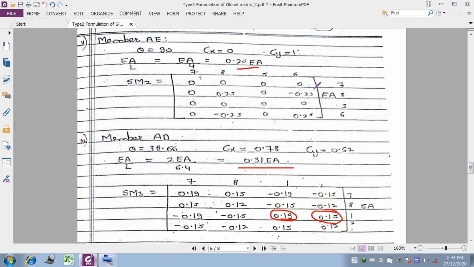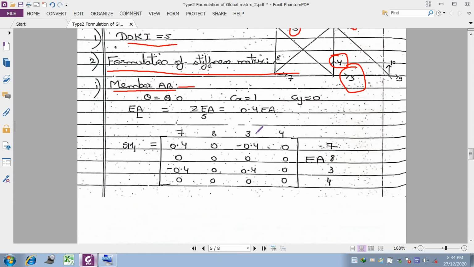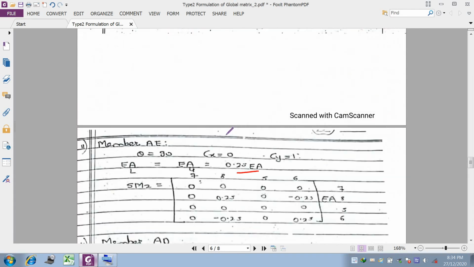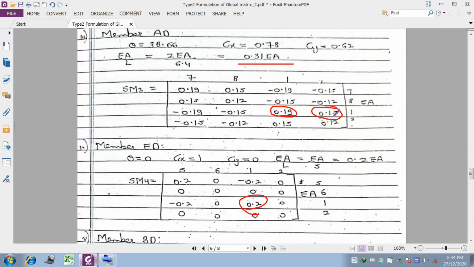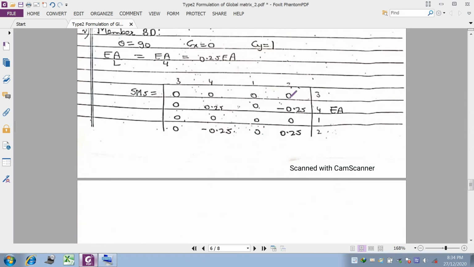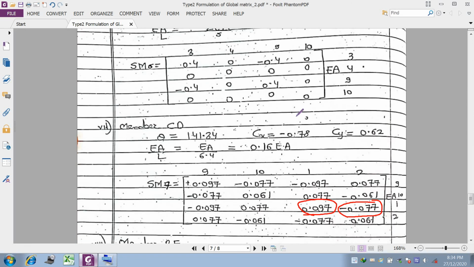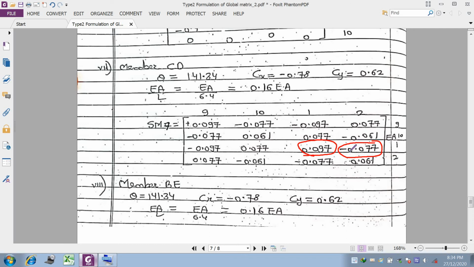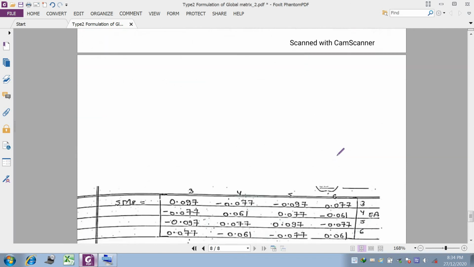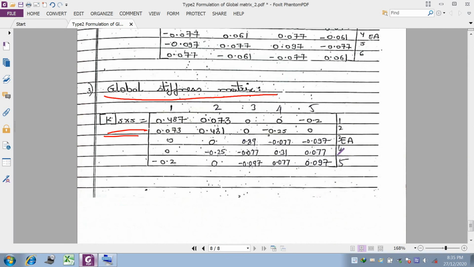Then next, here it is not required, so we have to consider this value 2 1, 0.15. Then next is minus 0.077. So when we add these values, the answer will be 0.073.